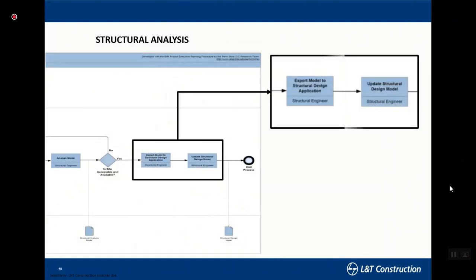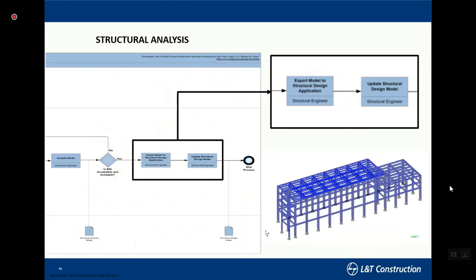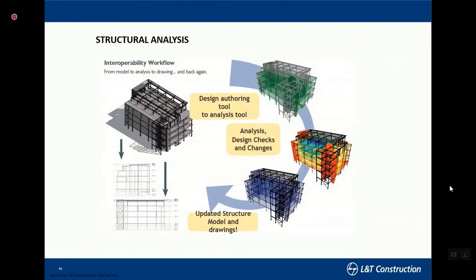Once this is done, basically I export the analyzed model back to the main authoring tool such as Revit. So basically what happened, this is the most important thing. I did my design 3D model using, for example, an authoring tool such as Revit.